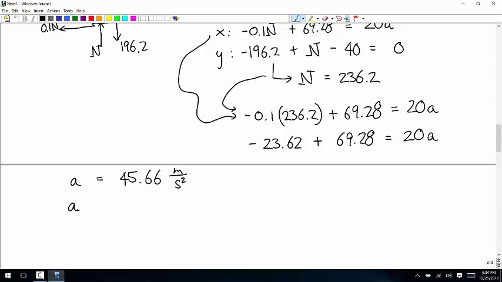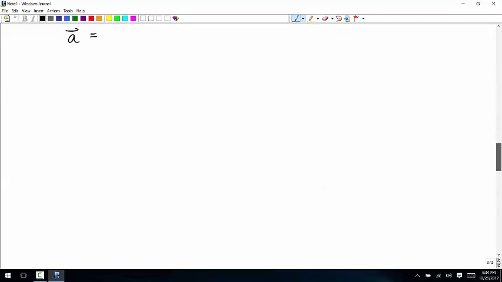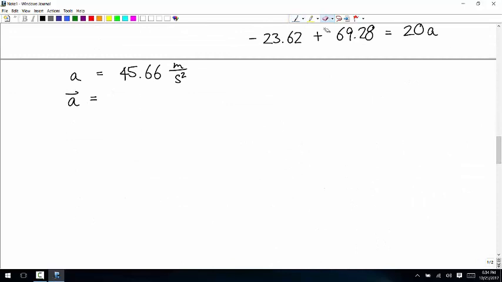And so the acceleration vector is, now plug that back into... So that's 20a. So a is equal to what, 2.2?